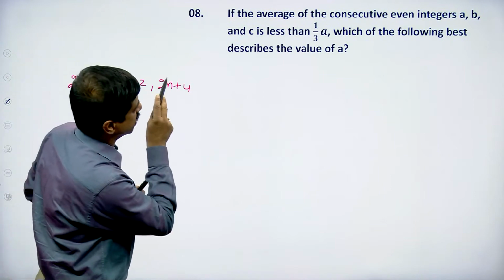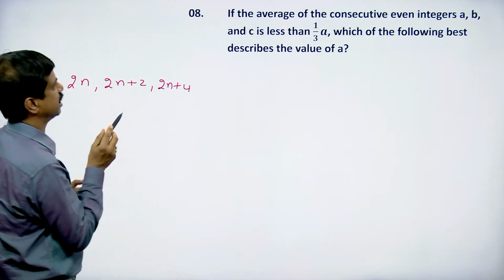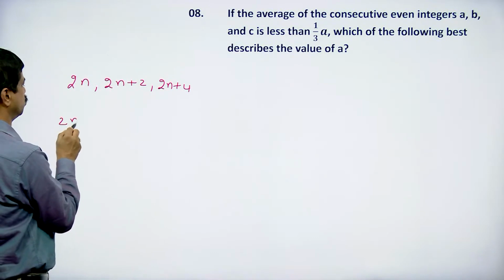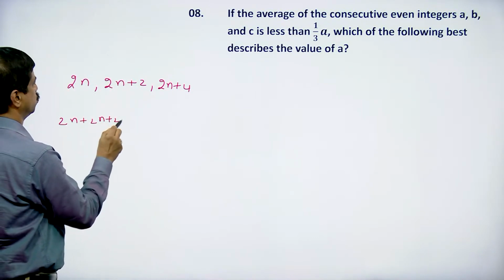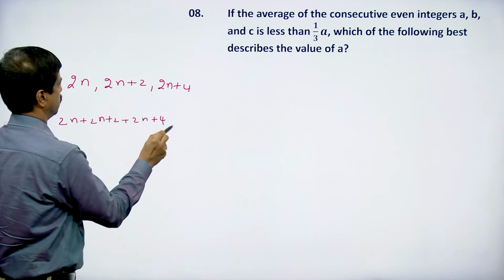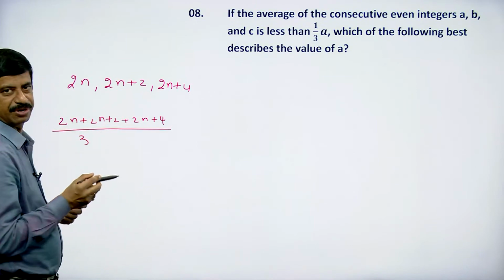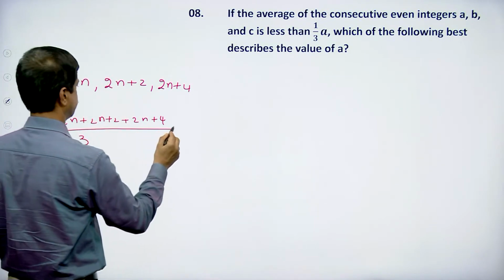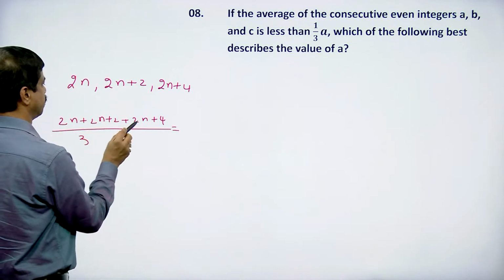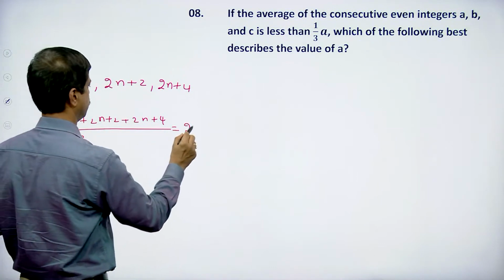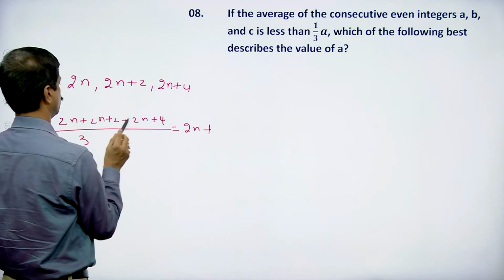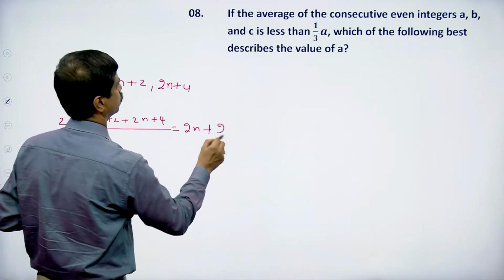So what is it that he says? The average of consecutive even integers a, b, c, average means (2n plus 2n plus 2 plus 2n plus 4) by 3. So 2n plus 2n plus 2n is 6n, 2 plus 4 is 6, 6n plus 6 by 3 is 2n plus 2.